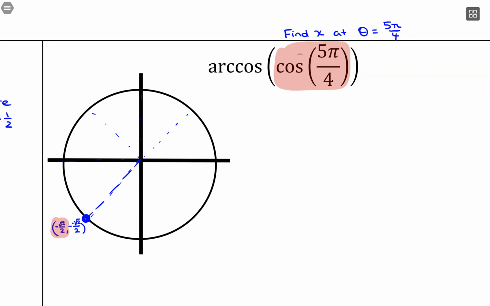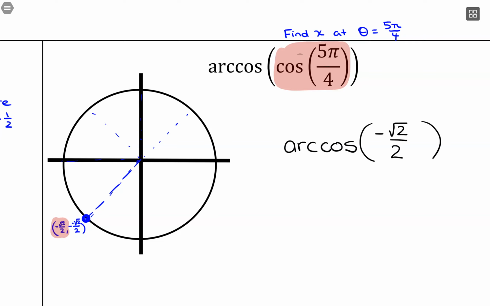So what I can do is this replacement of this whole piece, cosine was looking for that x coordinate. So I still have this inverse cosine on the outside, and it's just what was inside that function. I'm going to make that replacement with the x coordinate of negative root 2 over 2.